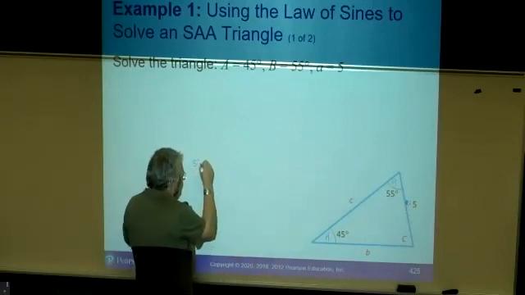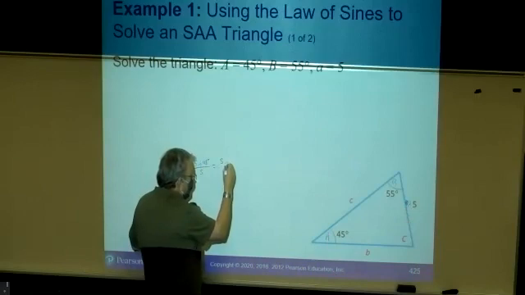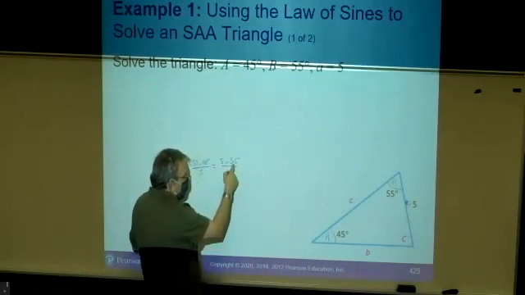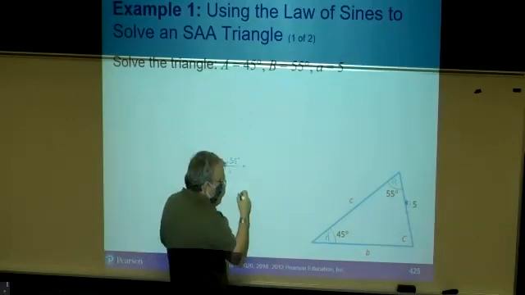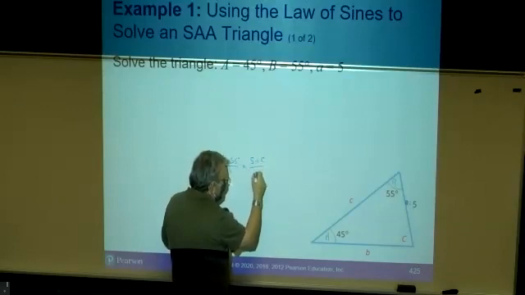The sine of 45 degrees divided by 5 is going to equal the sine of 55 degrees divided by B, because 55 is the B angle. And the sine of C over C.